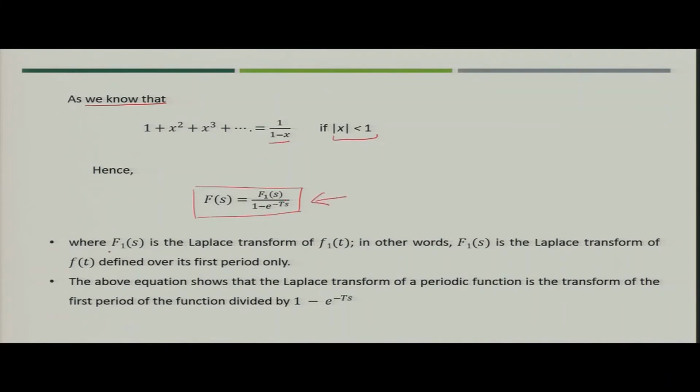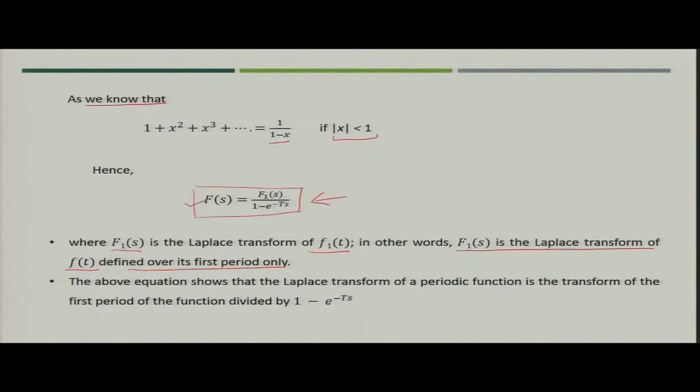So what we can observe from this is that F1(s) is the Laplace transform of f1(t), that means it is the Laplace transform of the function defined over its first period only. Now what we get is the F1(s).